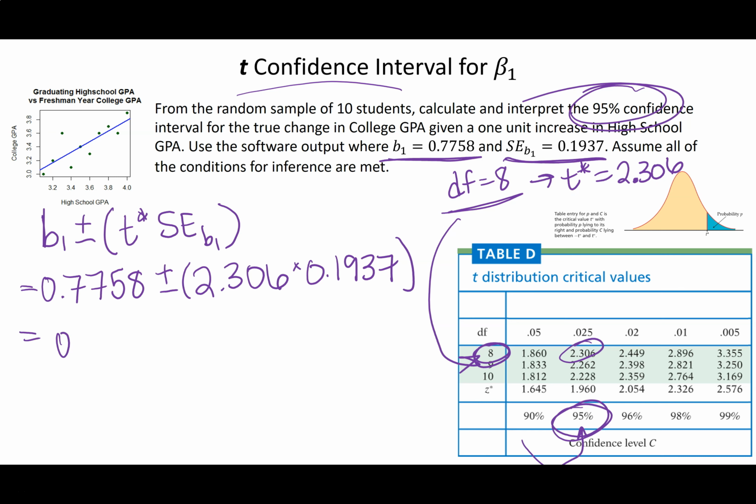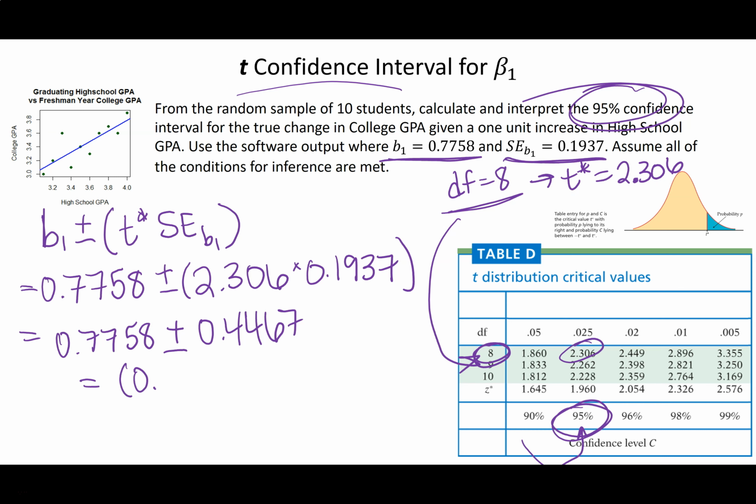Then I'm going to get 0.7758. Absolutely, please run through this math yourself. Every once in a while, I make an error, either just writing down the wrong number or doing the math. Absolutely check. I'm only human. I'm definitely not doing this math in my head right now. I'm not that good.